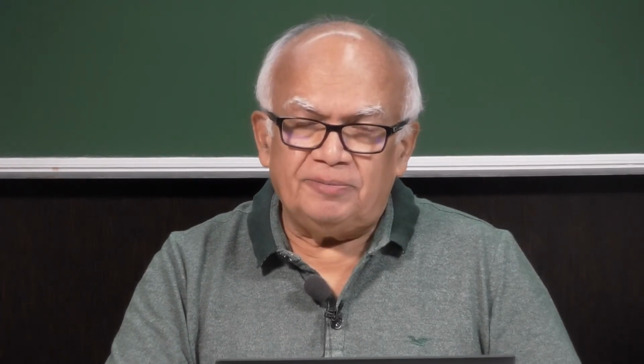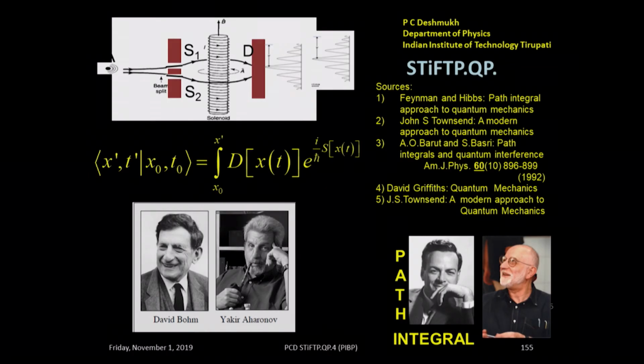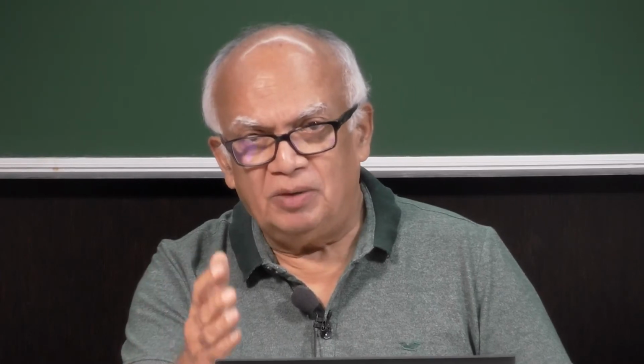And we also started talking about the Aharonov-Bohm effect, in which the idea is that we are used to thinking in terms of causality, the cause-effect relationships which go into Newtonian dynamics, and a stimulus is the cause of change in momentum. dP by dt is equal to the stimulus, which is a force.